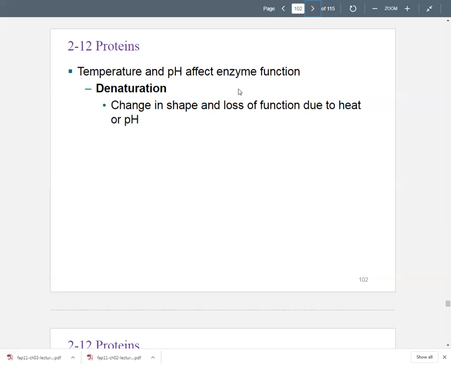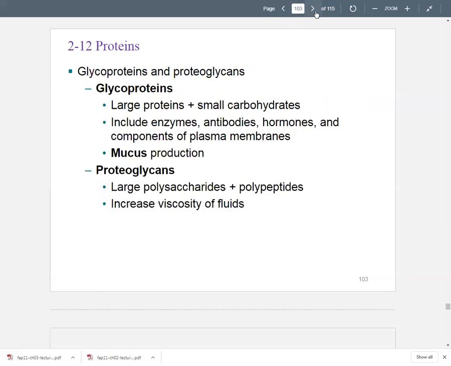Okay, so it became denatured. Doesn't work anymore, changed shape.